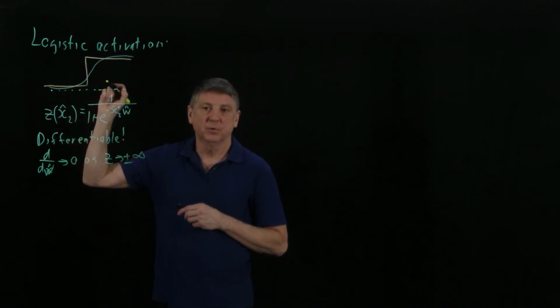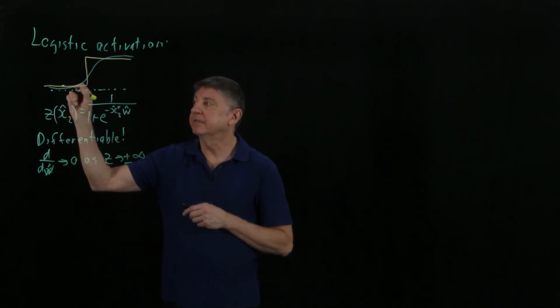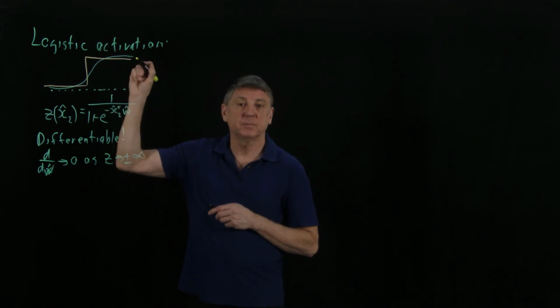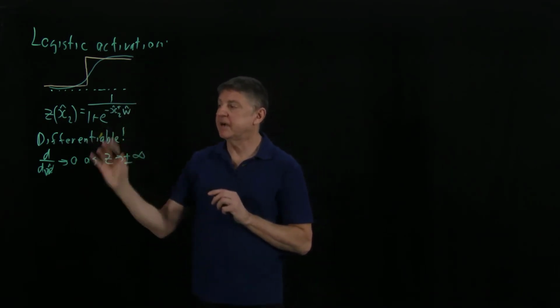That is, if they're really, really far away from the hyperplane, they won't have a lot of effect if they're on the negative side. And likewise, they won't have a lot of effect if they're on the positive side. So that is the basic idea.